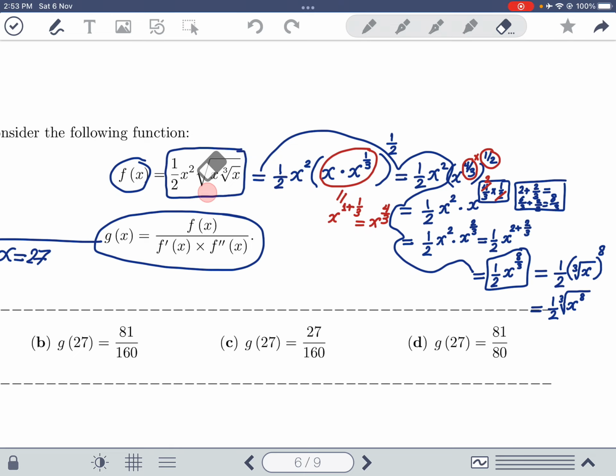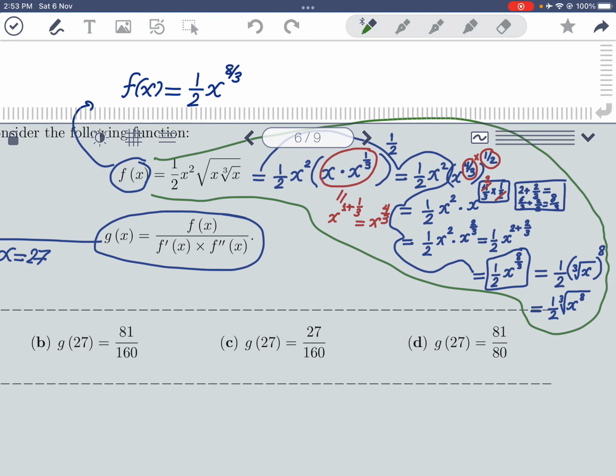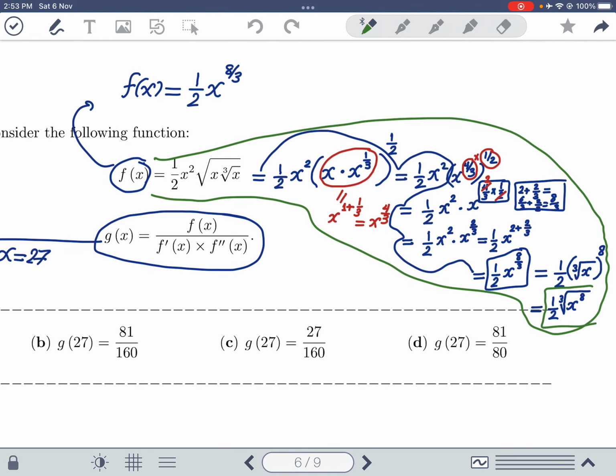Our real function f of x is 1/2 x to the power 8/3. Everything that was written here was just to prove this fact. Those are just other ways of writing the answer, but if you want the answer as a fractional power, the fractional power is 8/3.